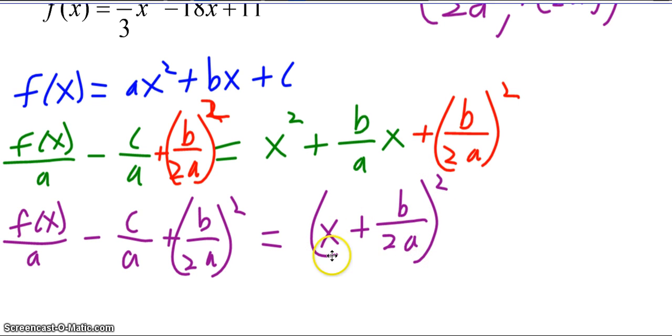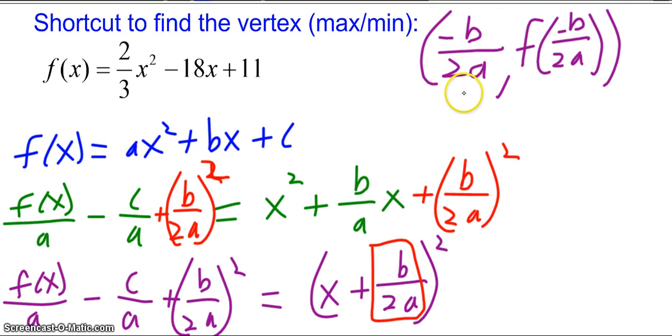And now I'm going to stop here because this is the part that I wanted to show you, that here, that's my h value. So h is going to be the opposite of b over 2a. And so that's how I end up with the vertex as the opposite of b over 2a. And then I can take that and plug it back into my ax squared plus bx plus c for x to find the y value.